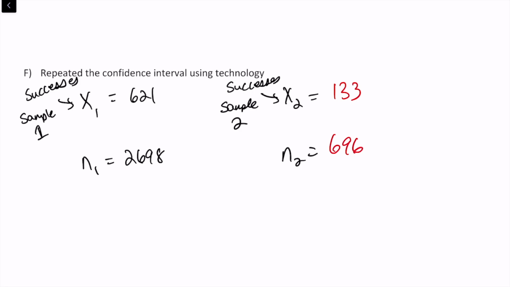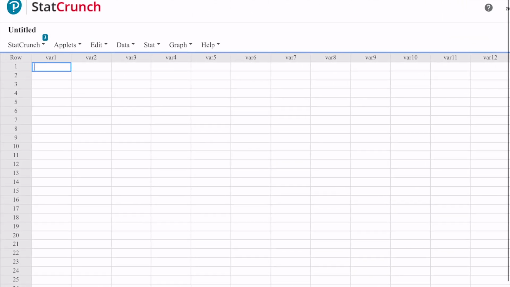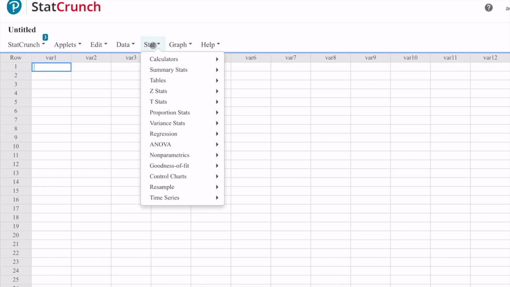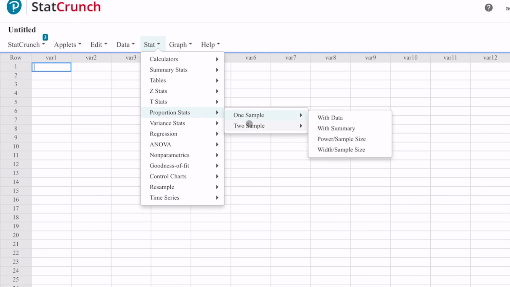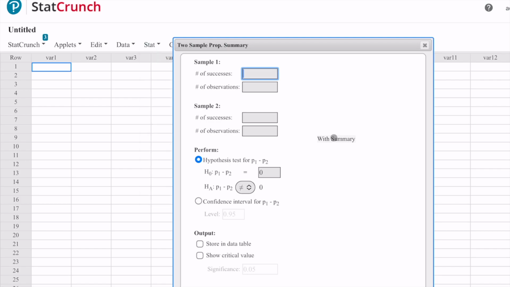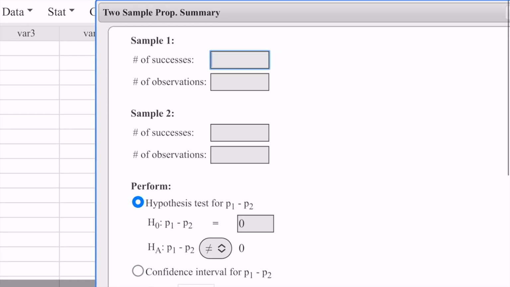All right, once we have those values, we're ready to plug them into StatCrunch. So this is what you do. We're now in StatCrunch. We're going to go to Stat. We're going to go to Proportion Stats. And we are going to go to Two Sample, this time with Summary. Very important is with summary. All right, what we're going to do now is head over here, and it needs the number of successes for sample 1. That was 621.